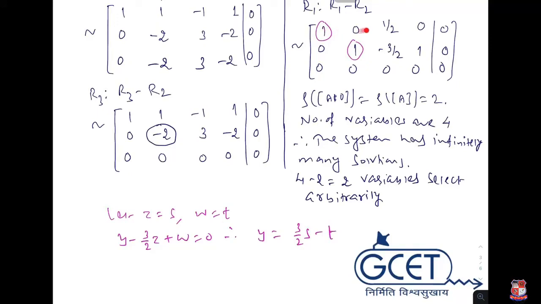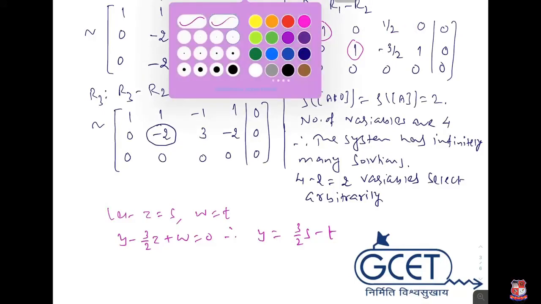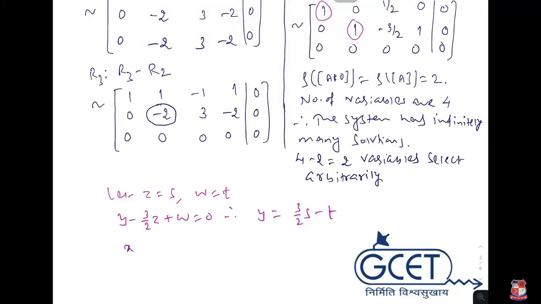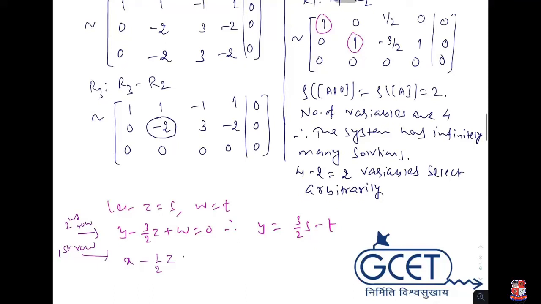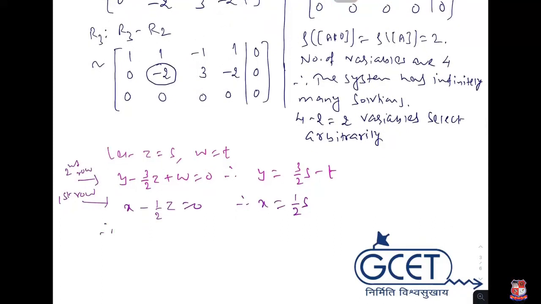And from the first one we are having x minus 1 by 2 z equal to 0, and therefore x equal to 1 by 2 s, and therefore solution set is x, so that is 1 by 2 s, y, so that is 3 by 2 s minus t, z, that is s, and w, that is t.